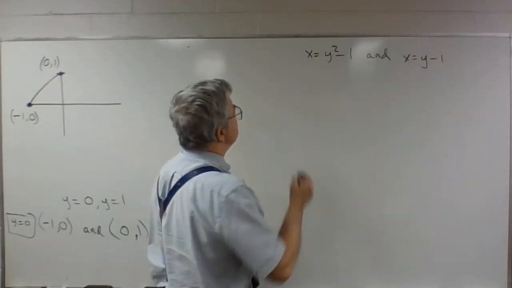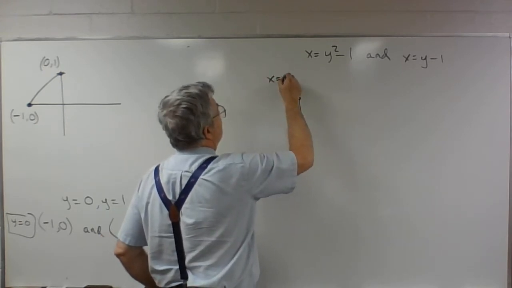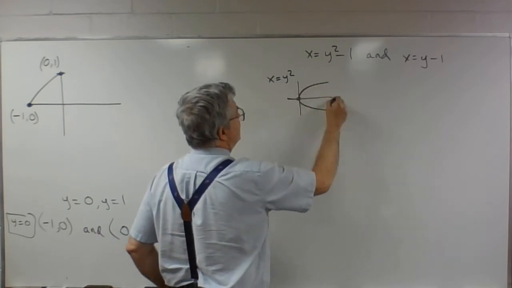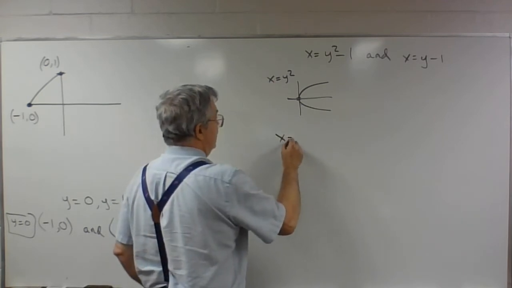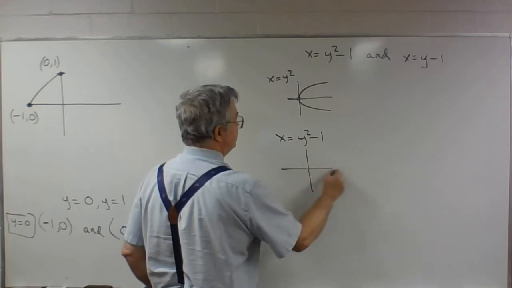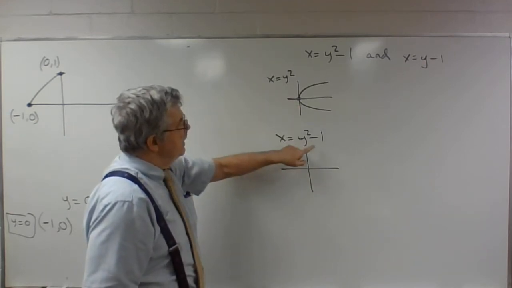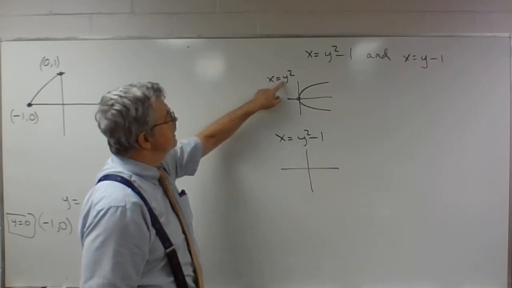You know what? If I have x equal y squared, that's what it looks like. So to get x equal y squared minus 1, I take this graph and I subtract 1 from the x coordinate of every point.